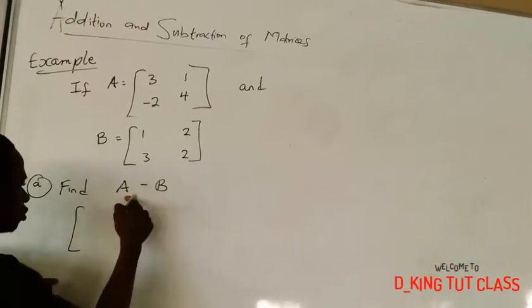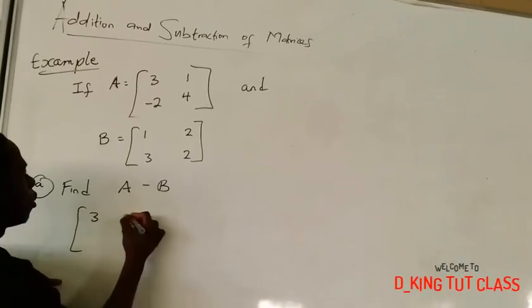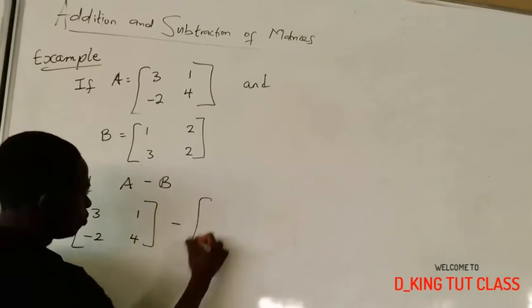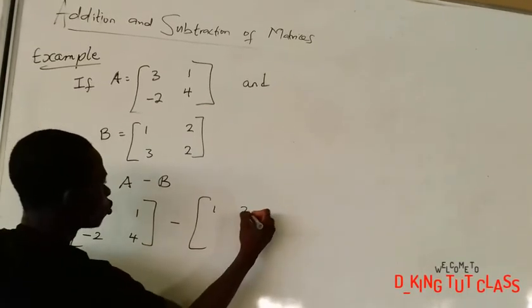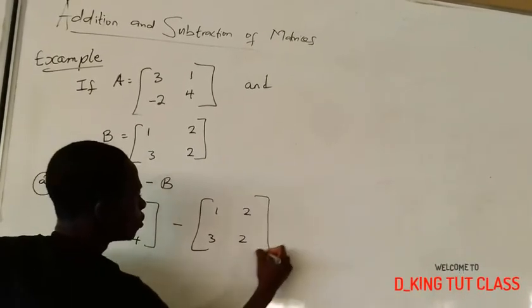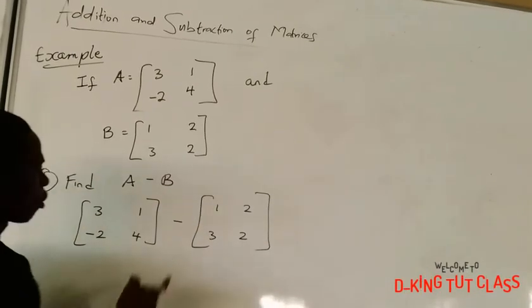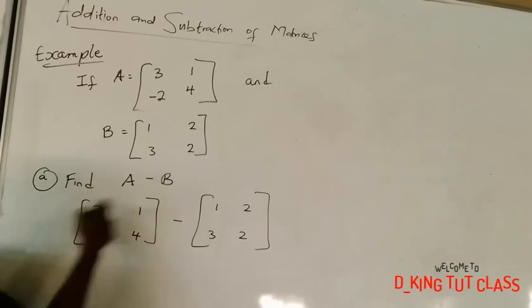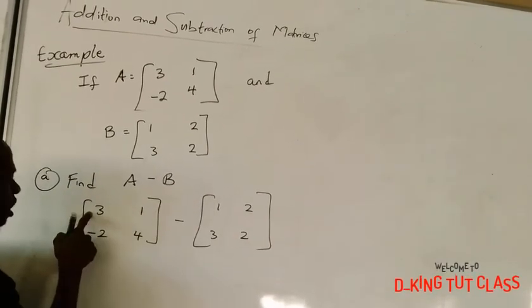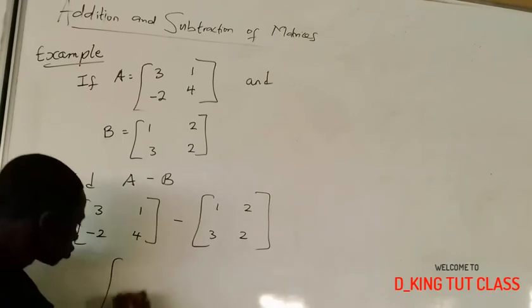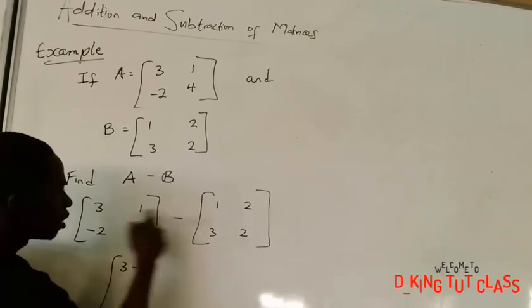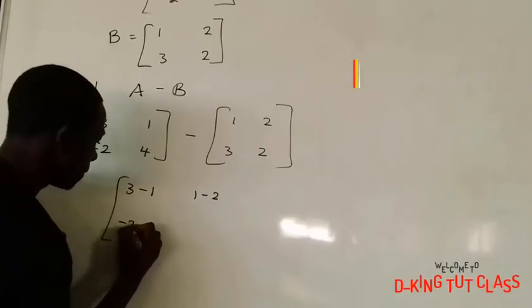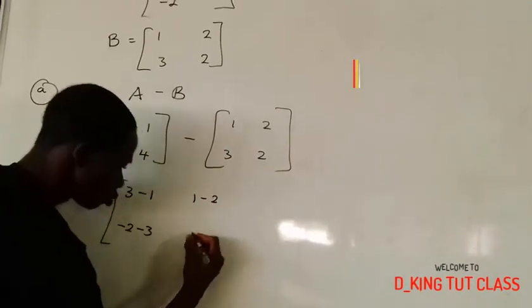So I'm writing my matrix A first: 3, 1, minus 2, 4. Then I'm subtracting B: 1, 2, 3, 2. Very, very simple. The same thing we did for addition, we do for subtraction also. So I'm having row 1, column 1 minus this applies to this: 3 minus 1, 1 minus 2, minus 2 minus 3, 4 minus 2.